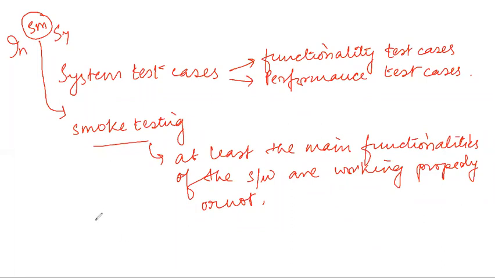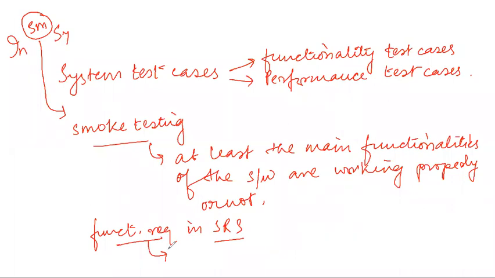So there must be some functional requirements in the SRS document, and these functional requirements are the requirements expected from my software product. So in smoke testing, I will simply check what are the main functional requirements jotted down in the SRS document, whether they are working or not.